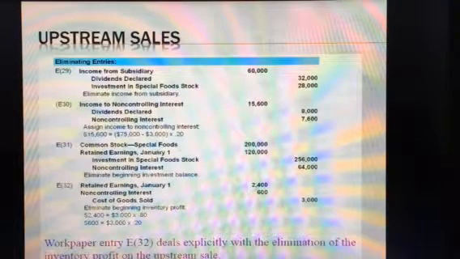Common stock Special Foods 200,000, retained earnings 120,000, to investment in Special Foods stock 256,000, and the difference will be non-controlling interest 64,000, and also retained earnings 2,400, non-controlling interest, cost of goods sold is 3,000, and the difference is non-controlling interest, which is 600.